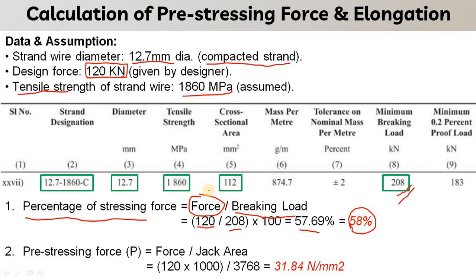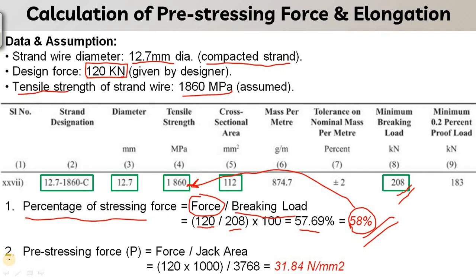This shows that it is 58% of its total tensile strength. So we are not applying 1860 Newton per mm square as the tensile force, but 58% of its capacity. So it shows the percentage of force we will apply on the strand wire.